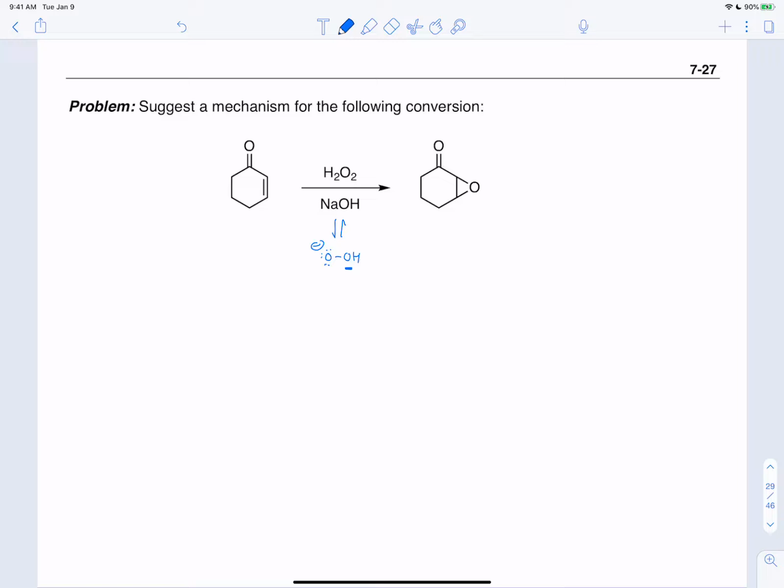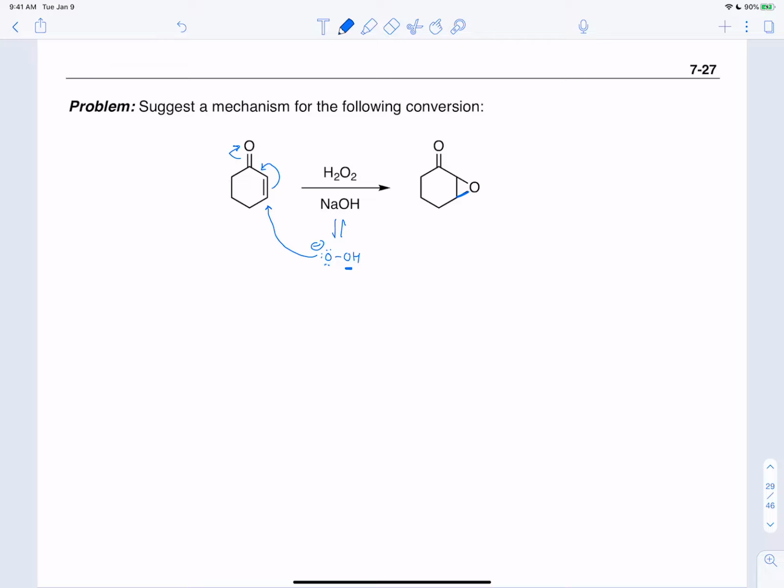What's strange is that we end up making an epoxide. So this may not be obvious at first, but if we start to push the arrows, and considering that we know that we need to make this bond in the 4 position, let's see where it takes us and how we might be able to get an epoxide out of this at the end of the day. So we're going to have the peroxide anion do our 1,4 addition.